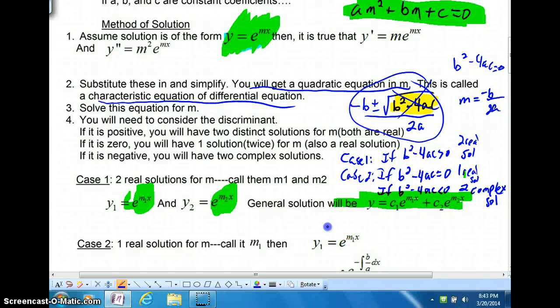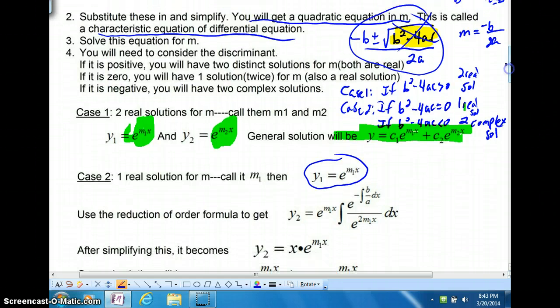And very quickly we could come up with y sub 1 equals e to the m1x. However, you might expect that we would have two linearly independent solutions, like we've been talking about earlier this week. Just yesterday, we developed a formula to find the other solution.